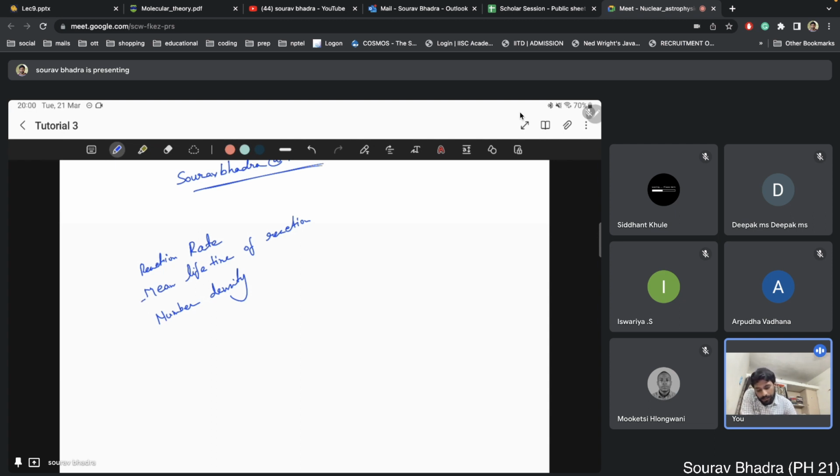Also reaction rate, mean lifetime, number density, probability distributions, number of particles, all of this. So these are the new topics from which we have done some problems.